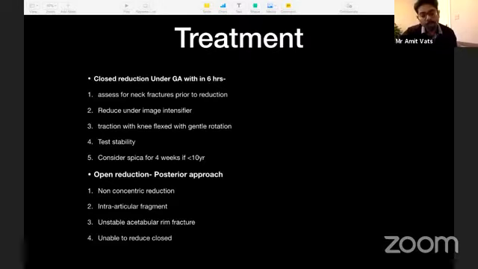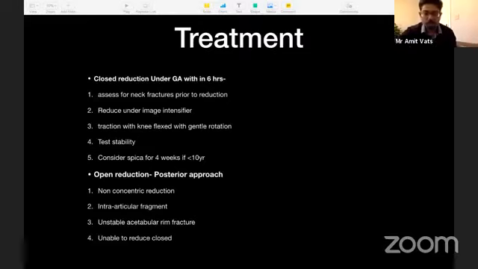Therefore, it is important to reduce these under X-ray or image intensifier control in the theater to ensure that there is no physeal or neck fracture. The reduction is performed by traction with the knee flexed and a gentle rotation maneuver.